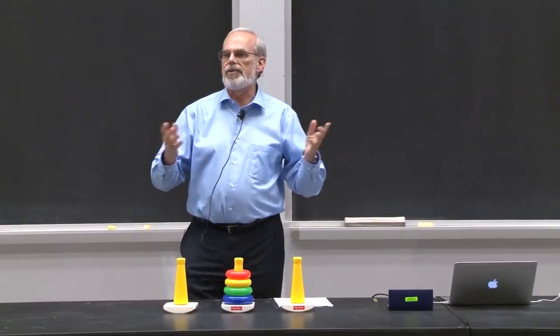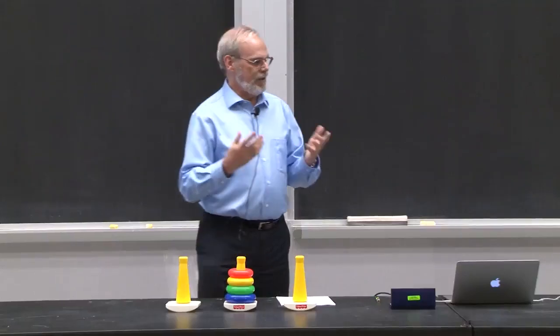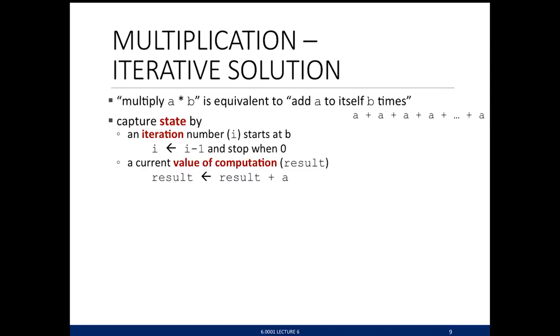Suppose I want to do integer multiplication, multiply two integers together, and all I have available to me is addition. So a times b is the same as adding a to itself b times. If I'm thinking about this iteratively, I could capture this computation with two state variables.